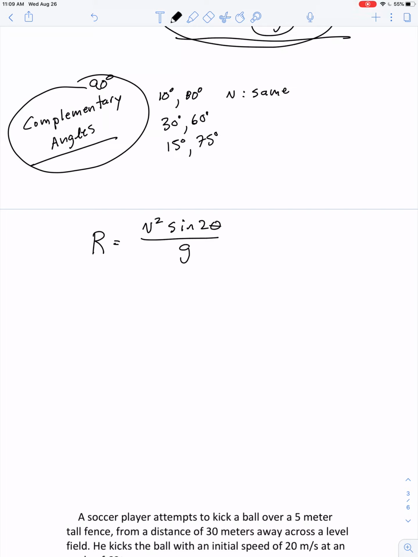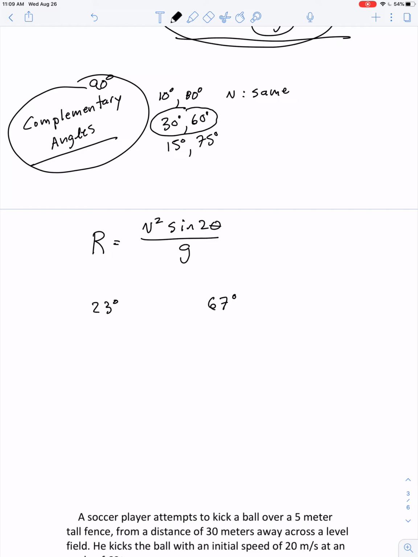I'm going to try it on my calculator right now, and I'm not going to pick a pair like 30, 60, because those are special angles. There might be some sort of coincidence there. Let's just pick at random some really awkward complementary pair of angles. So let's see what happens if we take something like 23 degrees, and then what would be the complement to 23 degrees? That would be 67 degrees, right?